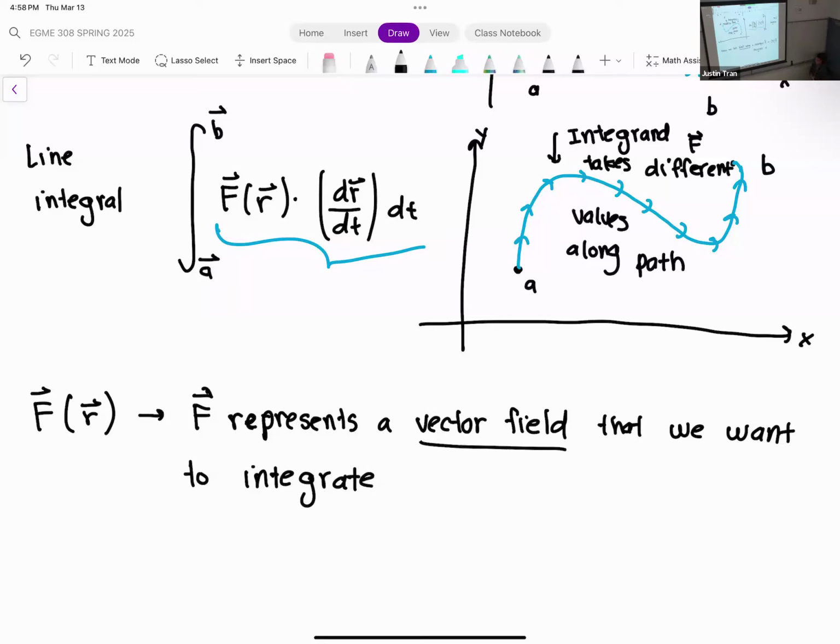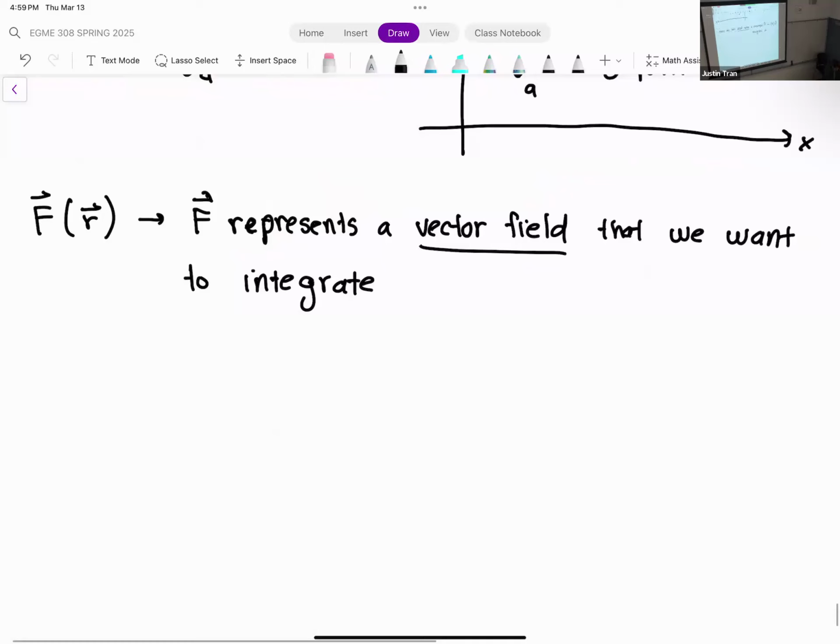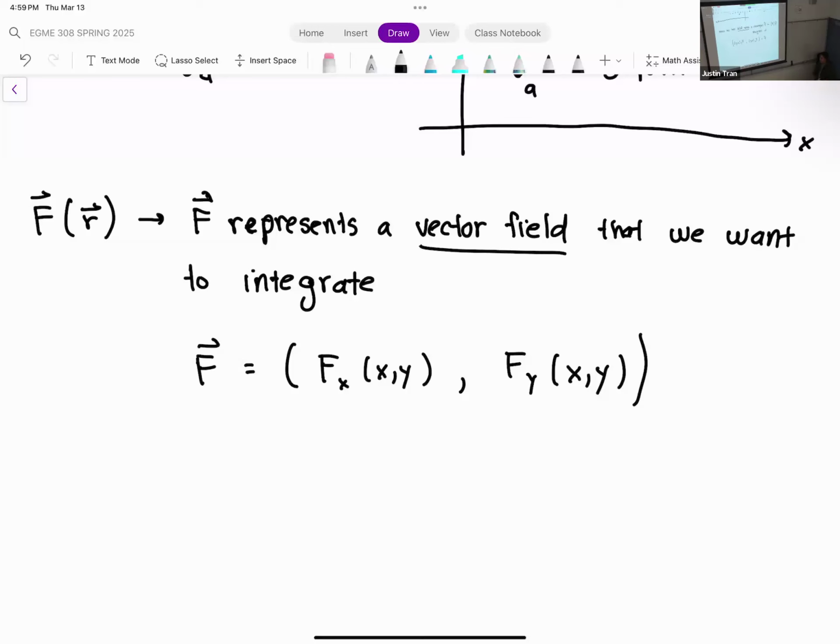So we have a multivariable function f that's vector valued. Every location is going to have an x and y component, like we started our discussion with today. So technically we can write f with an fx, which is a function of x and y, and an fy, which is also a function of x and y, where fx and fy are the x and y components of the vector field, evaluated at each location x and y.